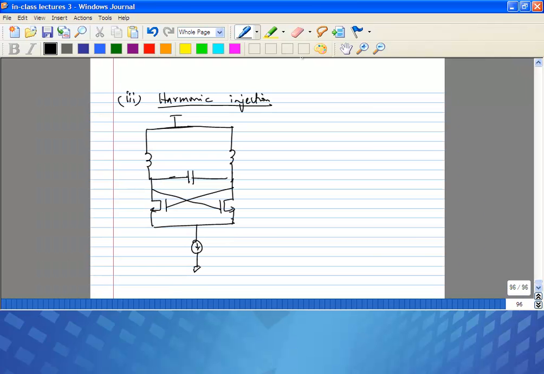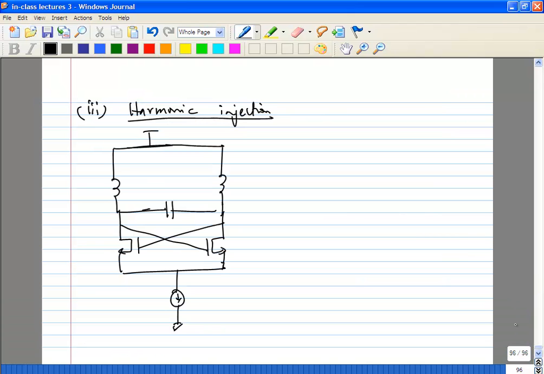So what you will see is, at the common mode node, for example here, at this node you are going to have some second harmonic component. Okay, and similarly you are going to have some second harmonic current.